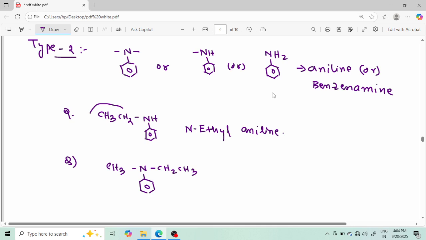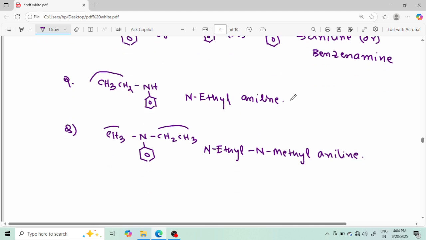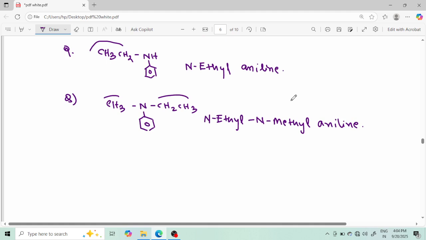Ethyl will come first because this is ethyl and this one is methyl. So N-ethyl, then N-methyl aniline. N-ethyl-N-methylaniline. Have you understood this?